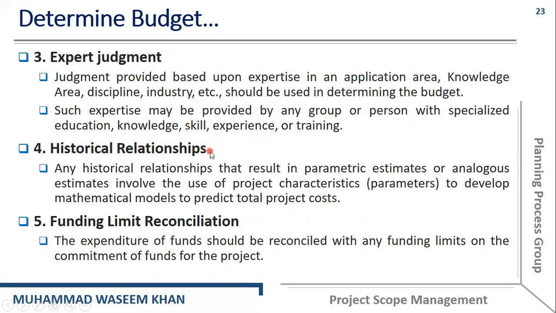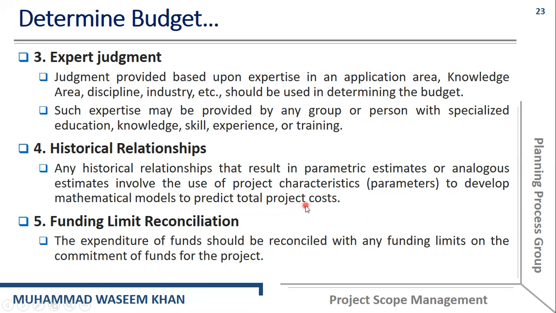Then we have the historical relationships. Any historical relationship that results in a parametric estimate or an analogous estimate involves the use of the project characteristics or parameters to develop mathematical models to predict the total project cost.